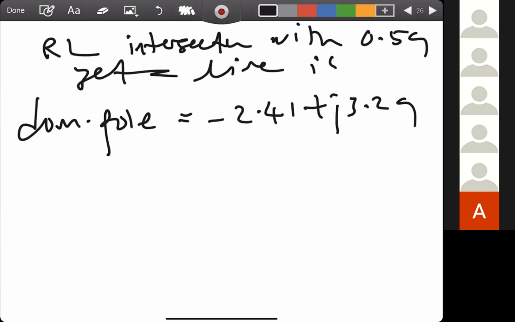And what is the gain here? K, the gain value at the dominant pole.